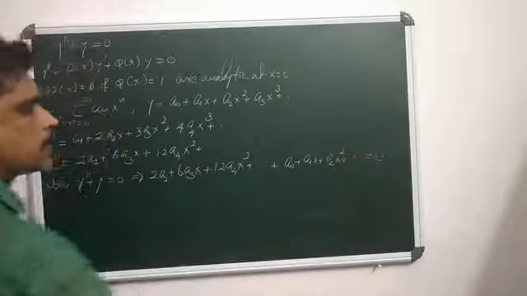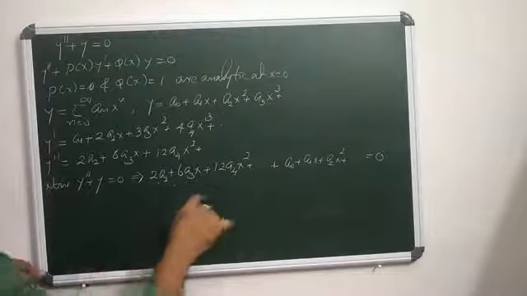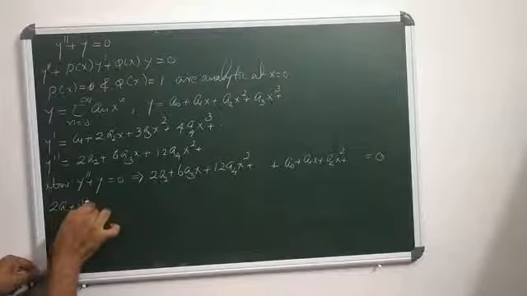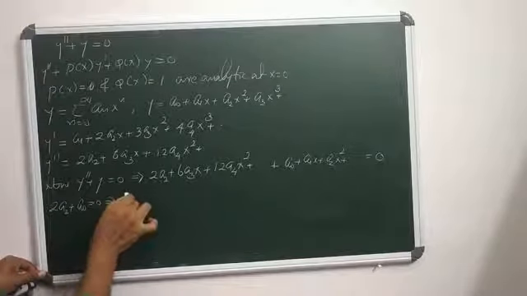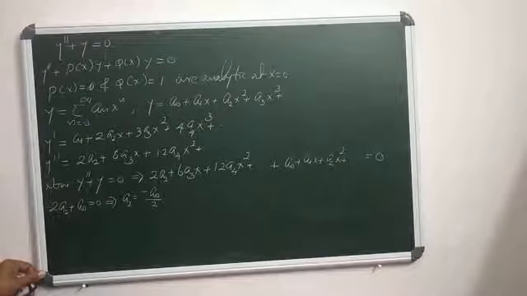Comparing the constant terms, 2a2 plus a0 equals 0. That means a2 equals minus a0 by 2.